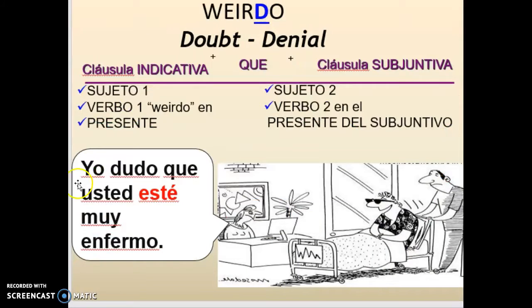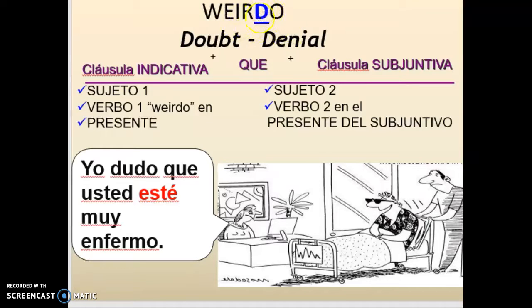Doubt or denial, we've used these ones a lot. First clause, again, que. Second clause, I doubt. Yo dudo que usted esté enfermo. Esté, it is irregular. What are some of those other doubt and denial expressions? I don't believe, no creo. I'm not sure, no estoy seguro.